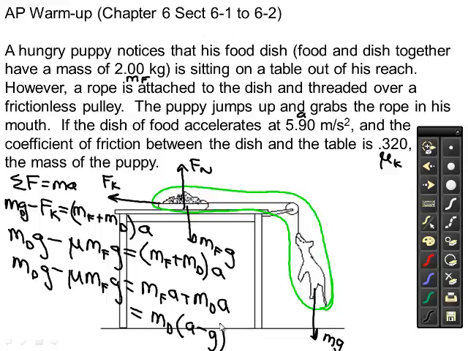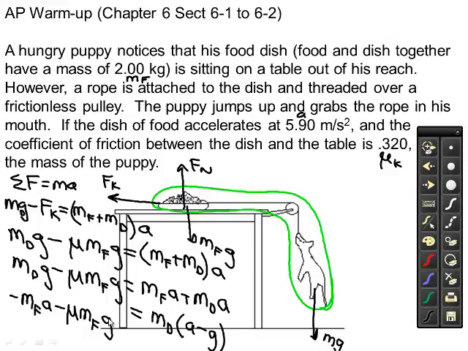This m sub f a I'm going to slide over this side. So I'm going to have a negative m sub f a minus mu m sub f g. All right, I feel like I did something wrong. Looks okay though. I don't think I did anything too silly besides get out of bed this morning. Because a minus g will be a negative number. That will take care of our negative signs.